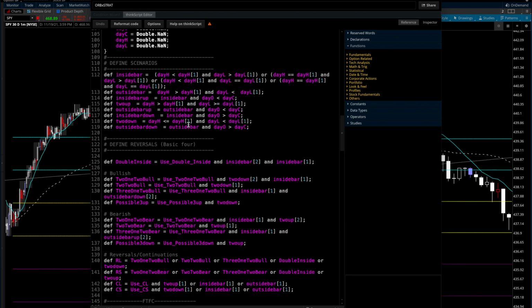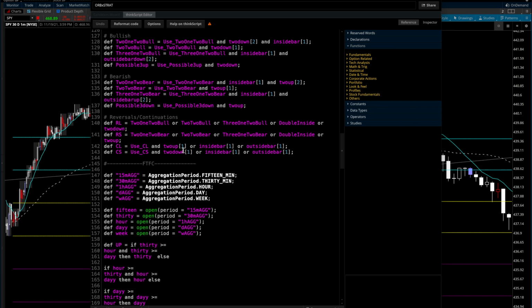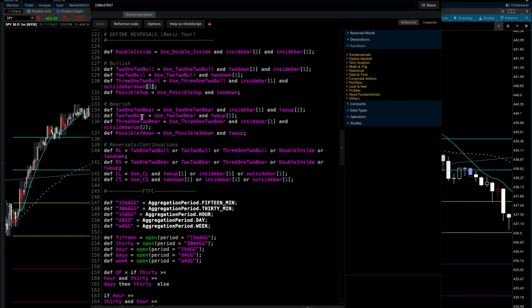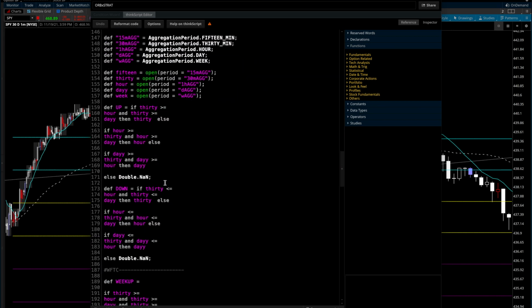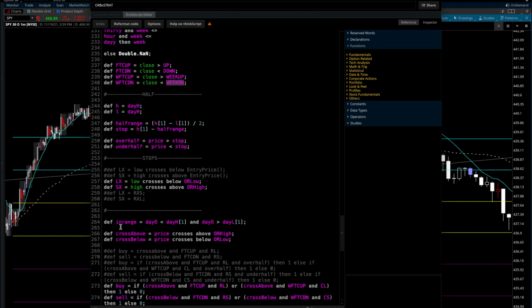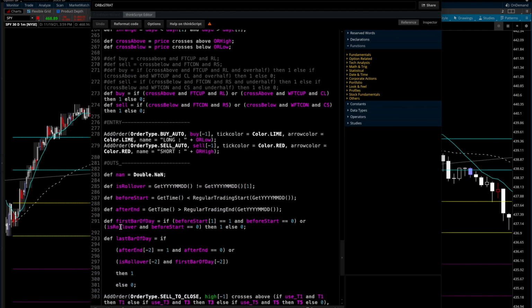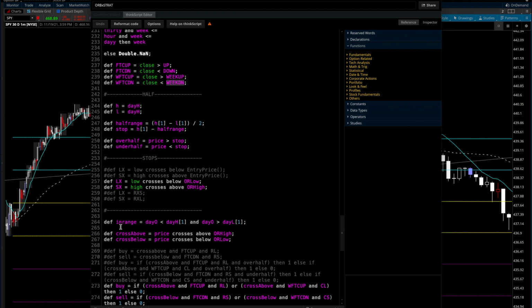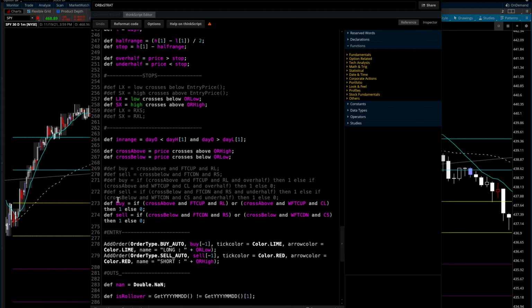So it is also taking into account strat setups. Here are all your strat setups: daily, 30, 60, daily continuity, and then we have weekly that it also takes into account for some things. You'll get a buy or a sell signal based on a cross above or a cross below your opening range high or low.